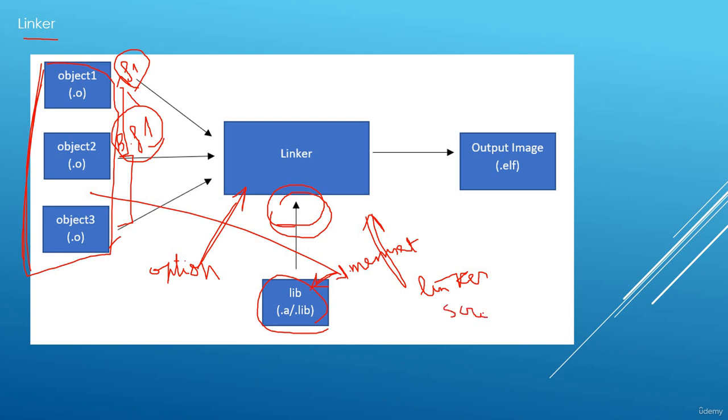Finally, once the linker gets all those inputs, it will be able to process all those objects and external libraries to generate out of it an executable and linkable file. This file actually will contain two parts. The first part is a binary representation of different instruction sets out of these object files, and the second part is metadata.